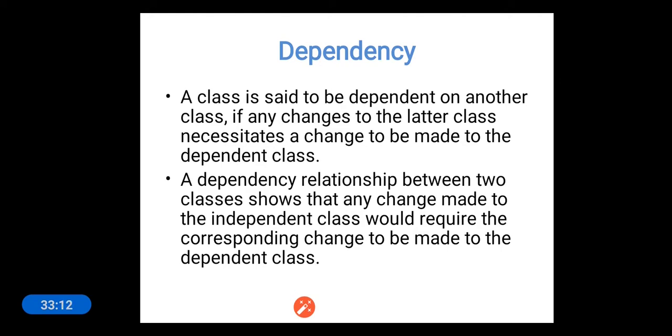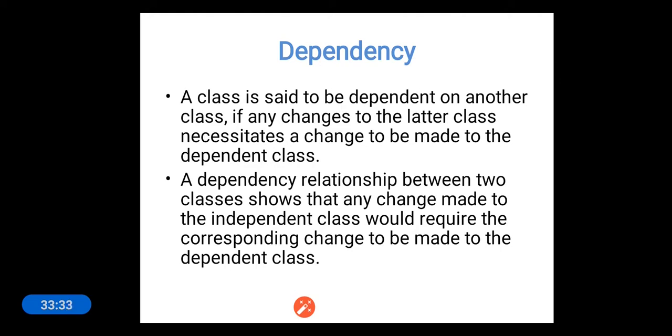Whenever the dependency among the classes increases, then obviously we lose the cohesion, that is, we lose the feature of high cohesion and low coupling. That means the coupling level increases, it leads to high coupling.